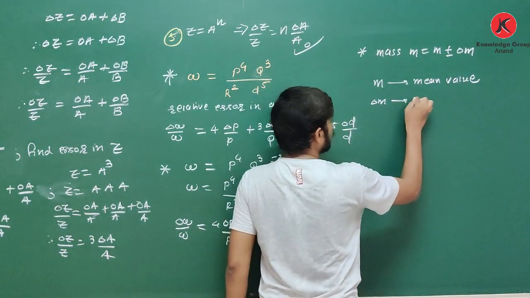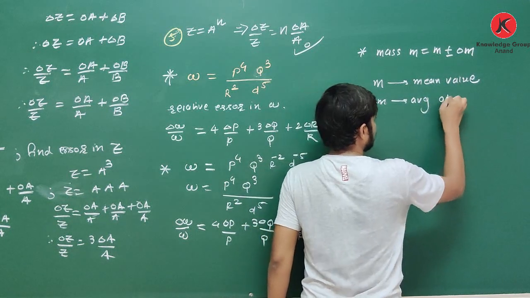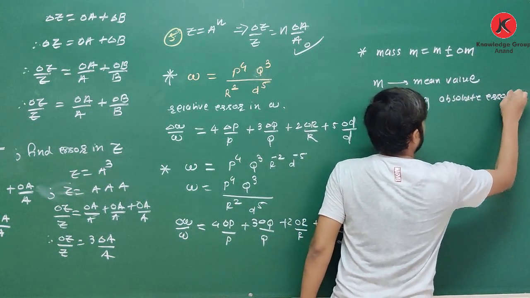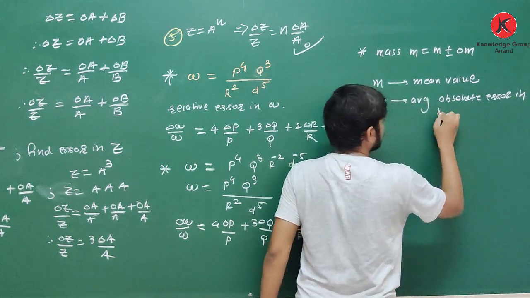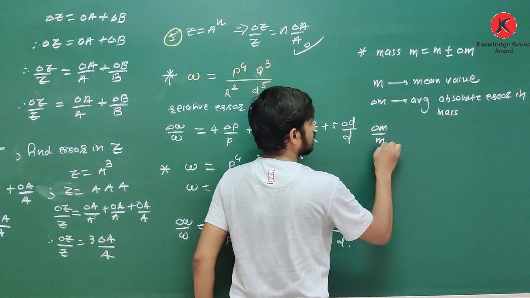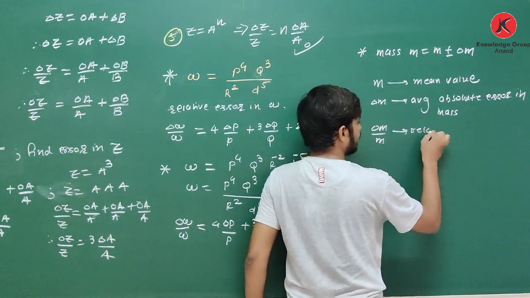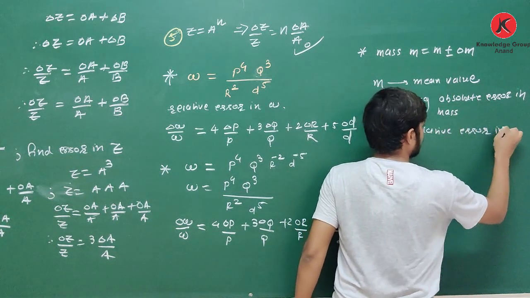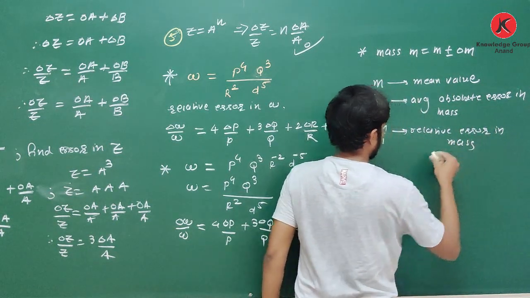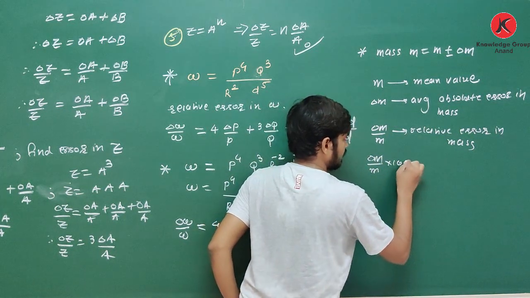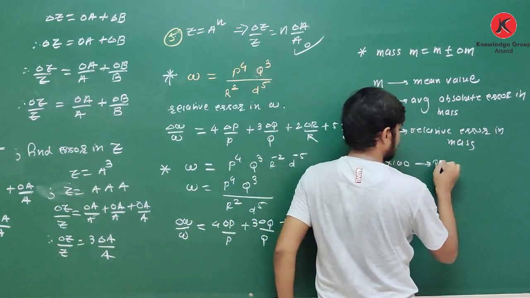Delta m is called the average absolute error in mass. Delta m upon m is called the relative error in mass, and delta m upon m into 100 is called the percentage error in mass.